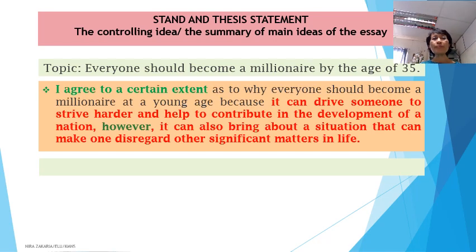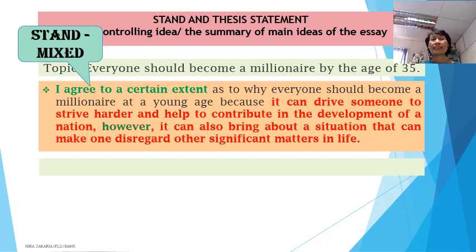When it comes to the stand and thesis statement, if you are to partially agree, remember this again is a discursive essay, so this is how you structure it. I agree to a certain extent as to why everyone should become a millionaire at a young age, because it can drive someone to strive harder and help to contribute in the development of a nation.